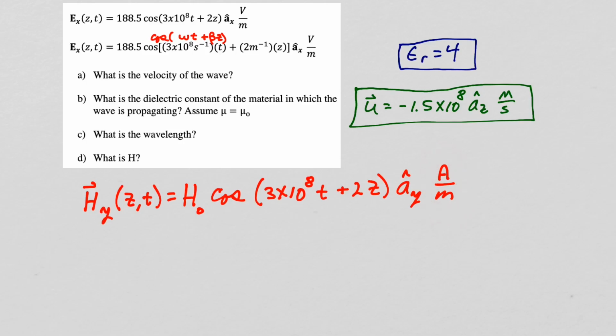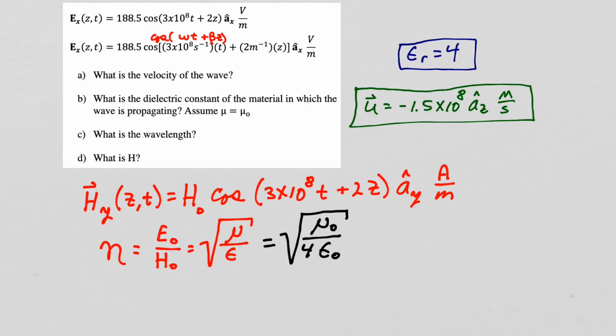The next step is to find the amplitude of our magnetic field intensity. We know the intrinsic impedance is the ratio of the magnitude of the electric field intensity to the magnitude of the magnetic field intensity, and that it's equal to the square root of the permeability over the permittivity. So we can substitute our values in for the permeability and the permittivity.